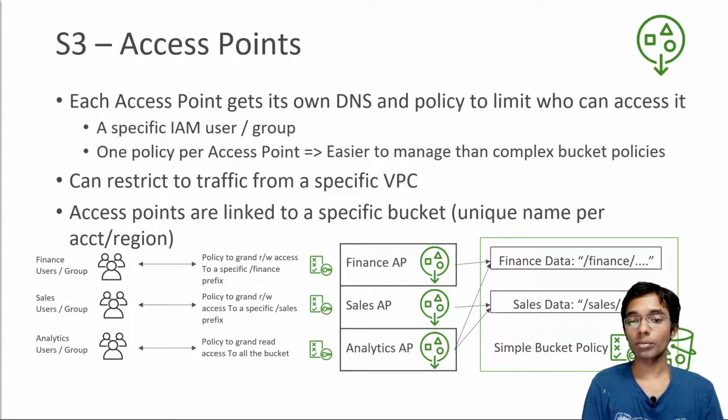So let's do an example. We have an S3 bucket with the finance data and the sales data, and we just have a very simple bucket policy because we are going to use access points.